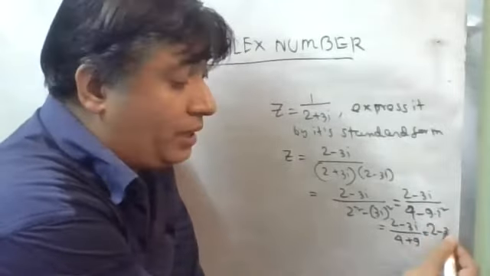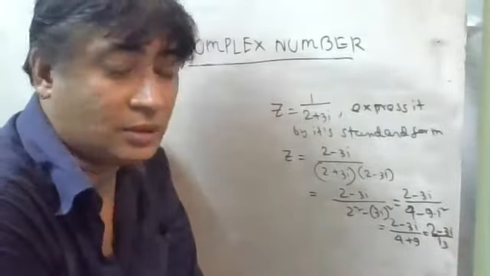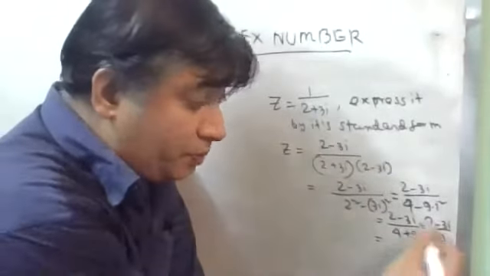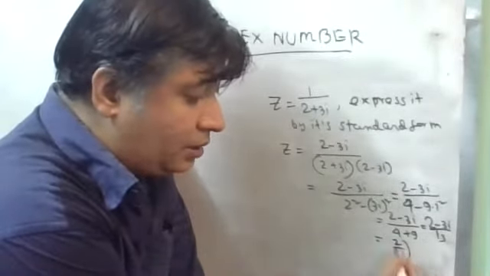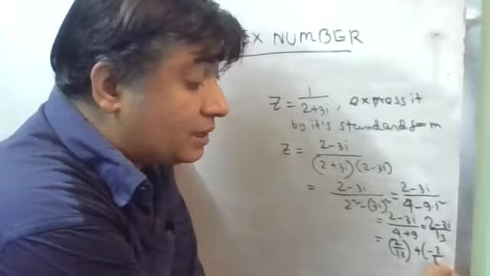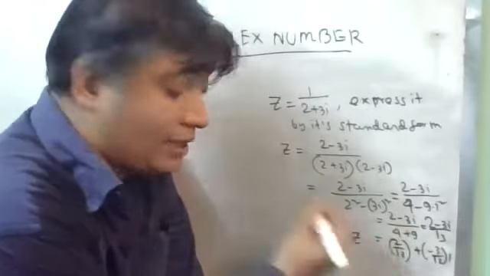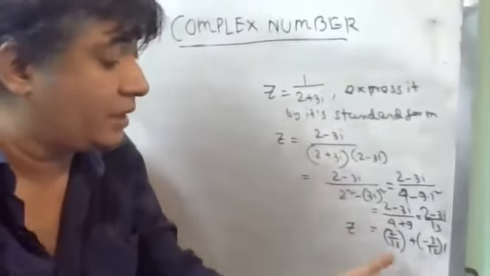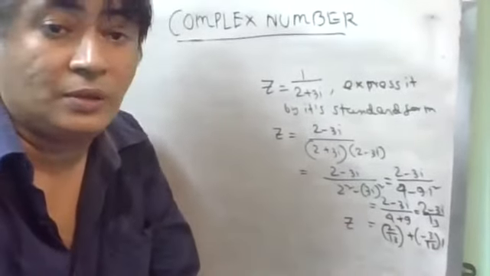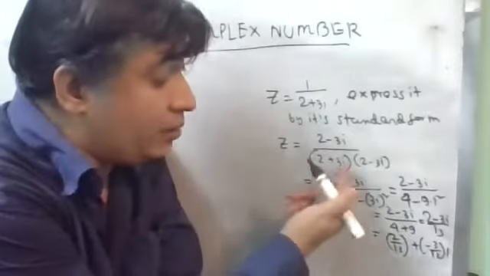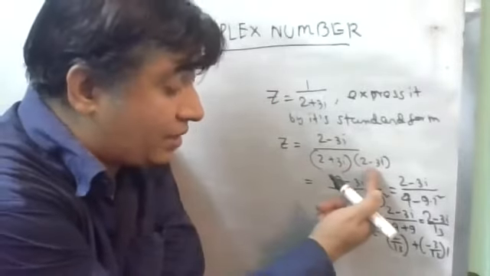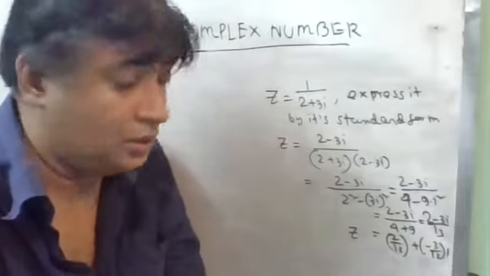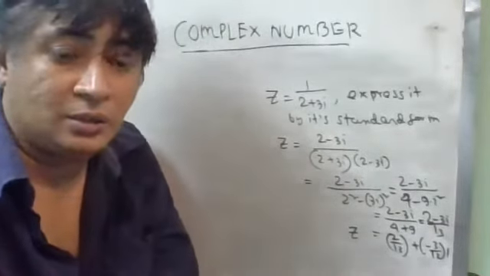That means 2 minus 3i by 13. Expressed in standard form, split up: 2 by 13 plus minus 3 by 13 i. So at last, we are able to express this complex number in its standard form. Here you can use the concept of the product of a complex number and its conjugate. Understood?